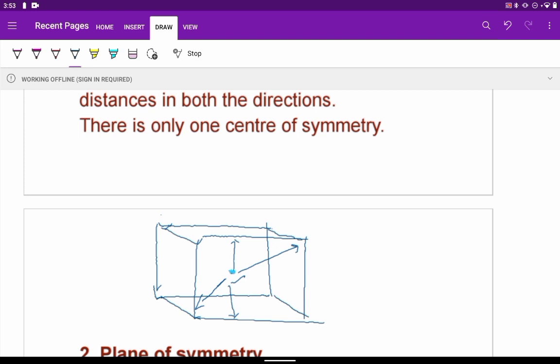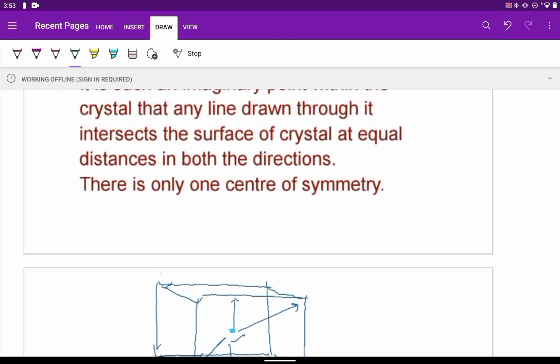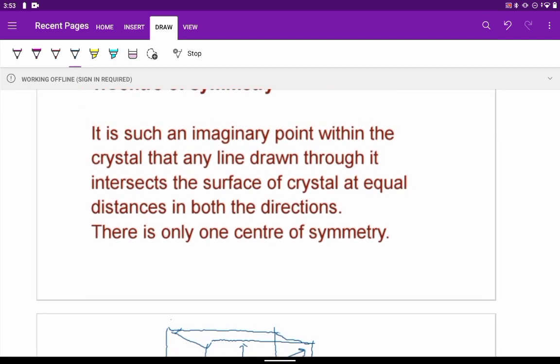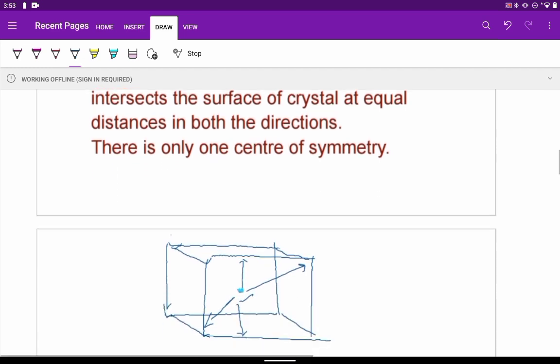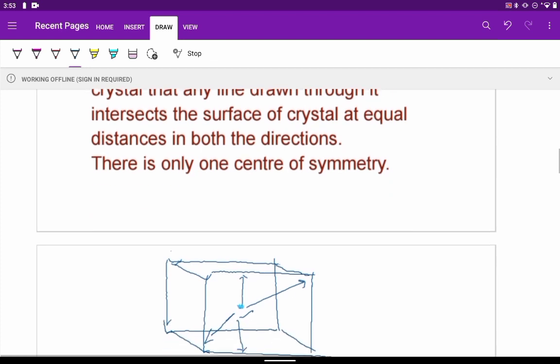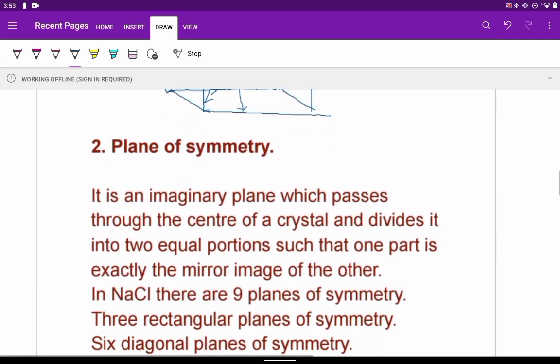If we move in opposite directions, it intersects the surface of the crystal and those points will be exactly similar. So it is that point within the crystal such that if we draw any line through it, it will intersect the surface of the crystal at equal distances in both directions. And there is only one center of symmetry. The center of symmetry is only one in number.